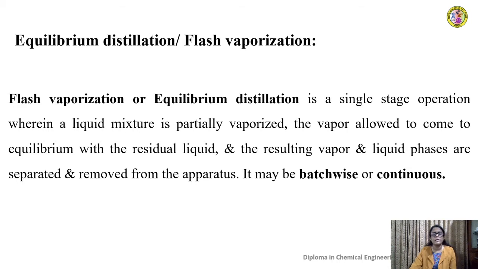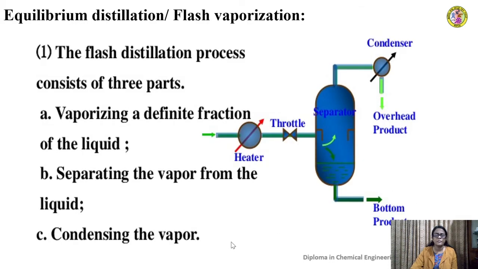Such a distillation operation is called flash vaporization. This operation is equivalent to one stage operation, and it can be carried out batch-wise or in a continuous method. So this is how basically we carry out the flash vaporization.